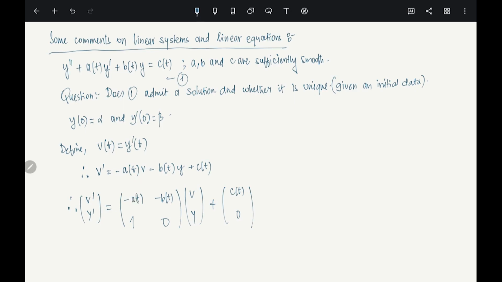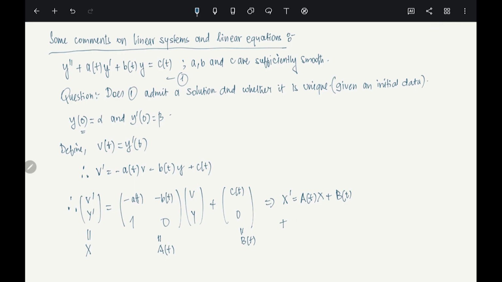Clear? Now if you define this vector as capital X, this matrix, which of course depends on t, as A of t, and this vector as your b of t, then we can write it as x prime equals A of t times x plus b of t, plus the initial data. What is the initial data? Initial data is y at the point 0 is alpha, and y prime, which is v, at the point 0 is beta.